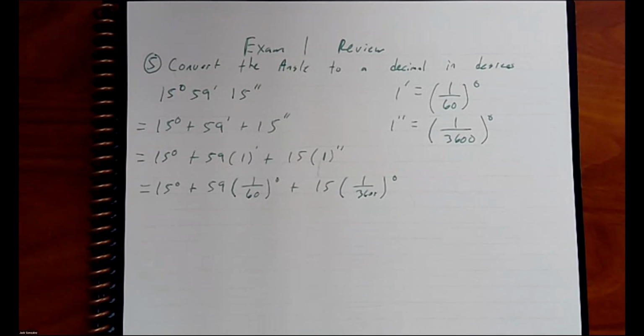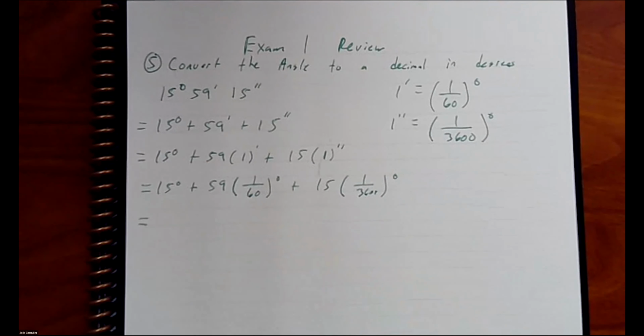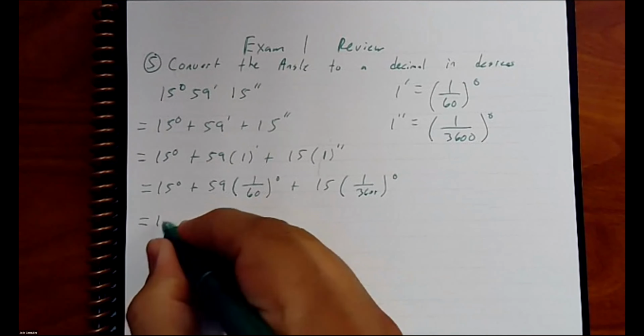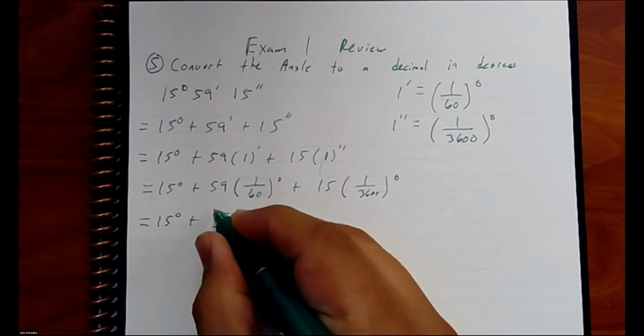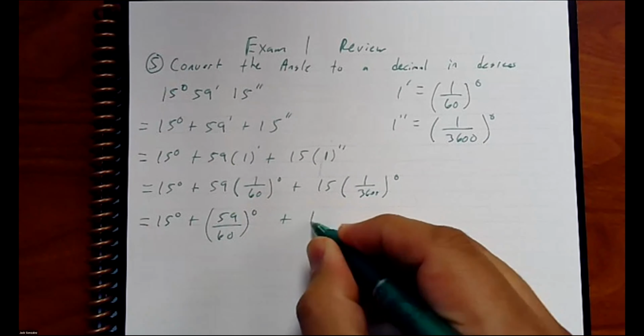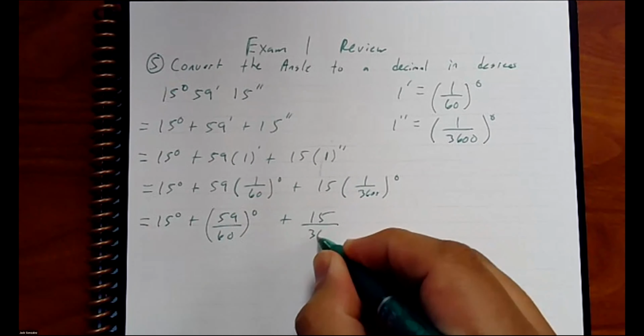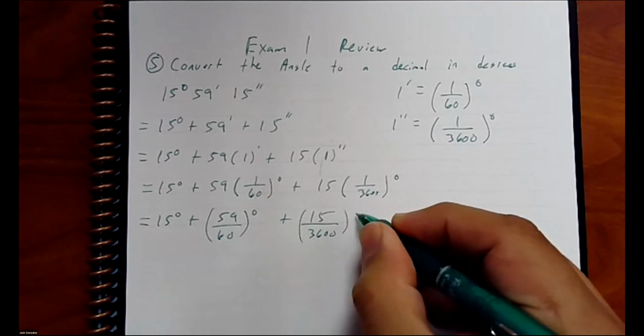Okay. So let's do the math here. This will give us 15 degrees plus 59/60 plus 15/3600 degrees. Time for a calculator.